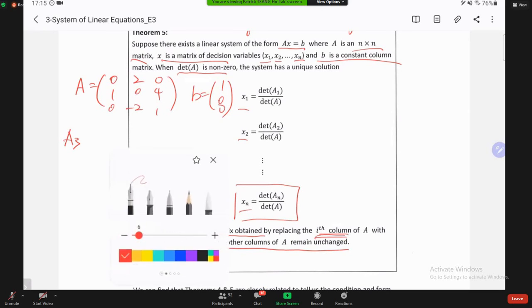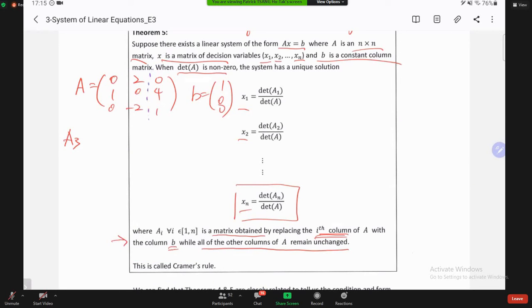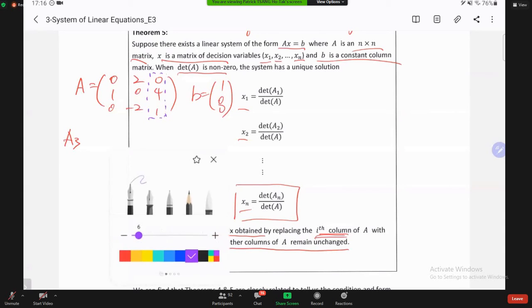That means this column, the dashed purple box, is going to be replaced.